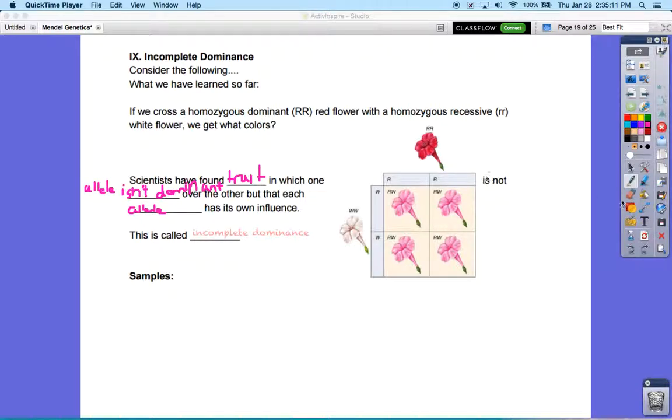So what we've really done so far with genetics is take the difference between dominant and recessive.